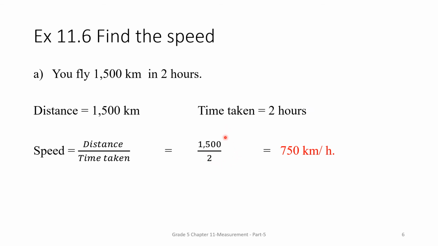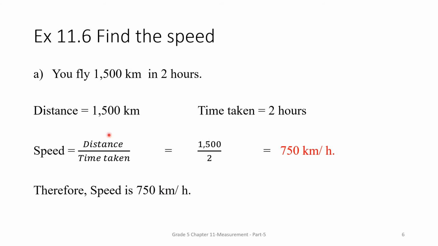So now we will divide 1500 by 2. Scholars, division you have to do by yourself. When you divide 1500 by 2, you will get the answer as 750 kilometer per hour. This is the unit for speed. Kilometer is for distance and per hour is for time. Don't forget to write the unit, and the final answer you will write like this. Therefore the speed is 750 kilometer per hour.